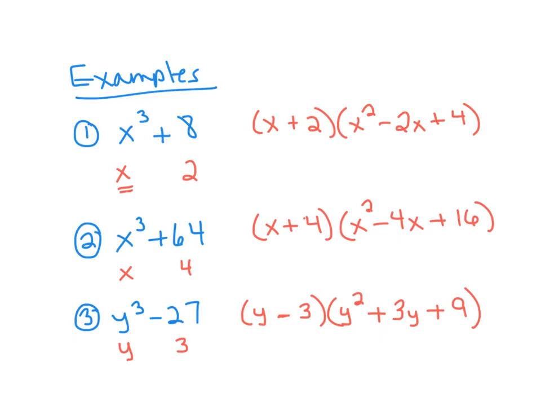All right, let's try another one. Again, see if you can hit pause and work this out. 64x cubed plus 1. Now the 64, so 4x, because 4 times 4 times 4, and then the 1. So you have 4x and 1, same sign.